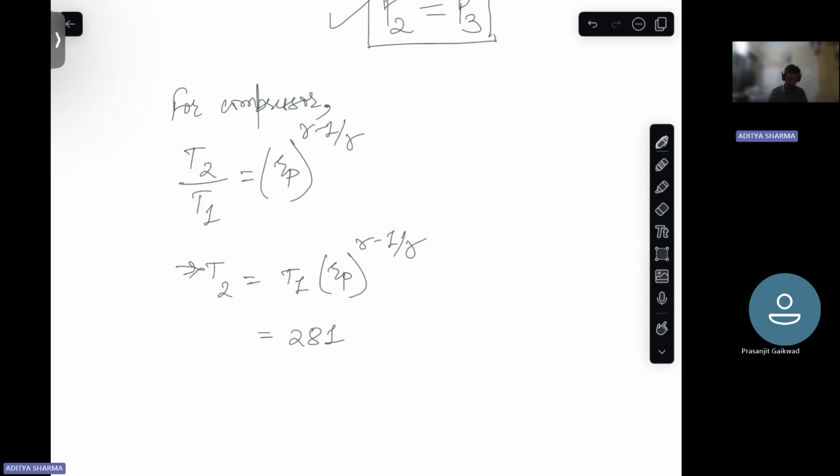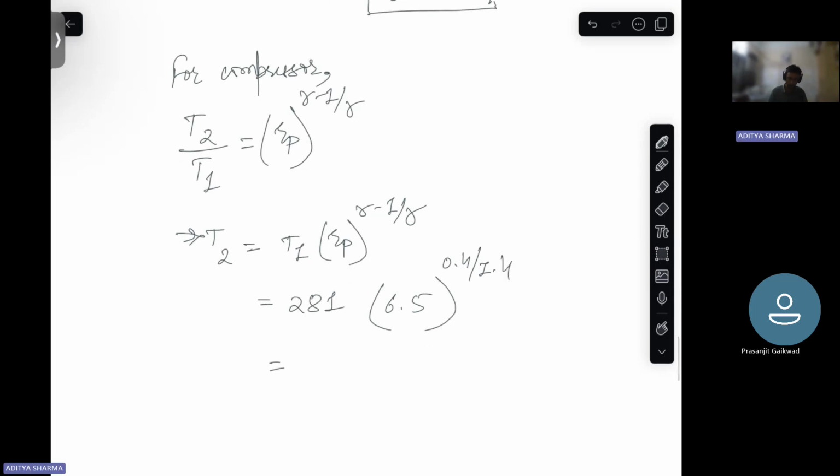Now putting the given values, T1 is 281 because 8 degrees Celsius, 273 plus 8, that is 281 kelvins. And 6.5 is the pressure ratio. And gamma is 1.4, so this becomes 0.4 by 1.4.